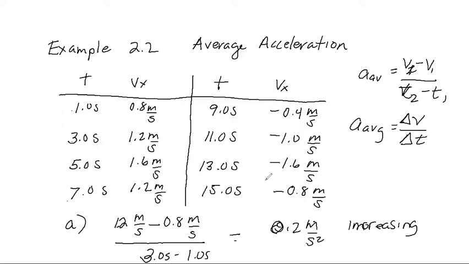Our speed is increasing if the sign of our velocity and the sign of our acceleration are the same sign, not S-I-N, but S-I-G-N. So in this case, we are increasing in the positive direction.